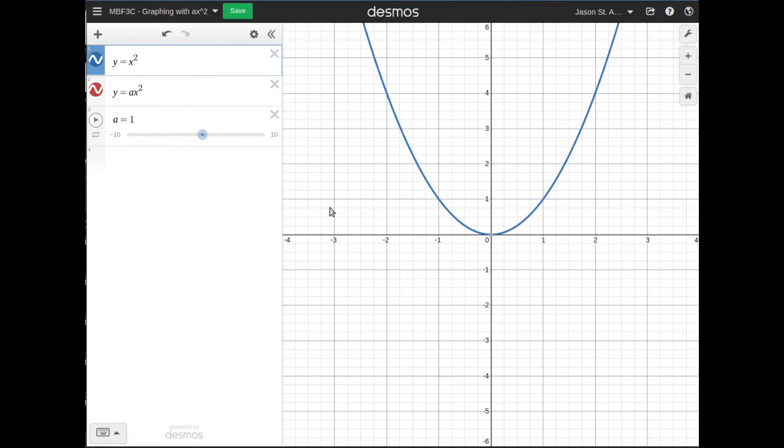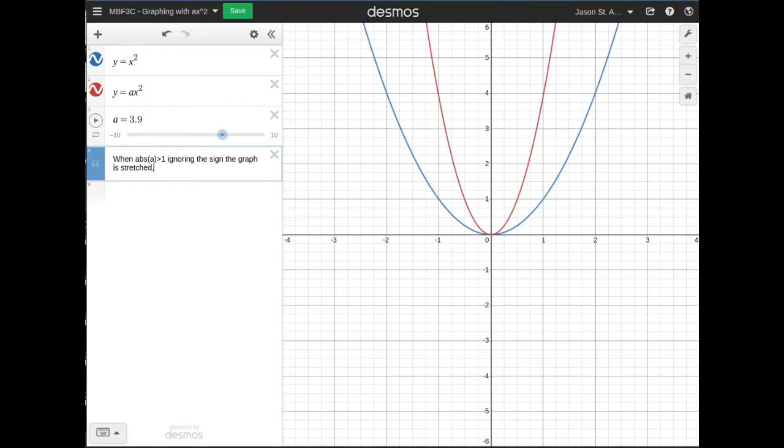So now, what happens when we have an a value that is bigger than 1? If we choose our a value to be bigger than 1, so let's say it's 4, basically, what happens is our graph gets skinnier, all right? And because it gets skinnier, we call it stretched.